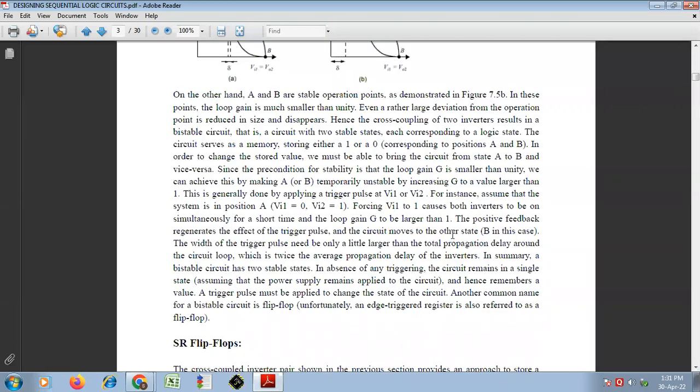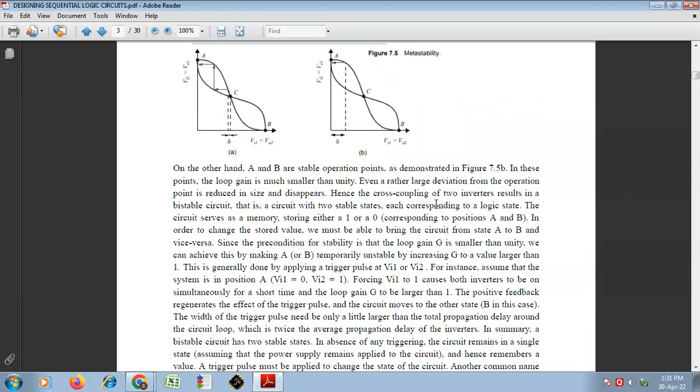So how to do this? If you want to bring a circuit from state A to state B or from state B to state A, you have to make this point unstable.